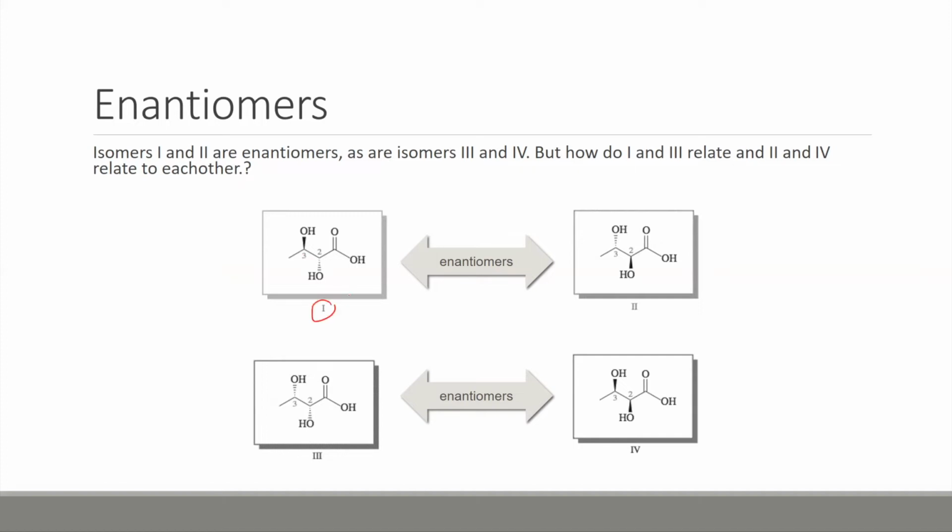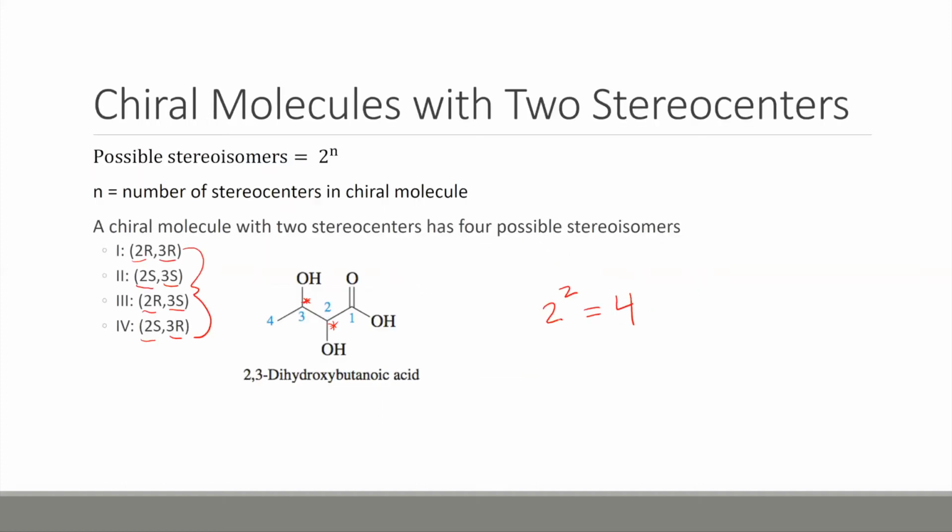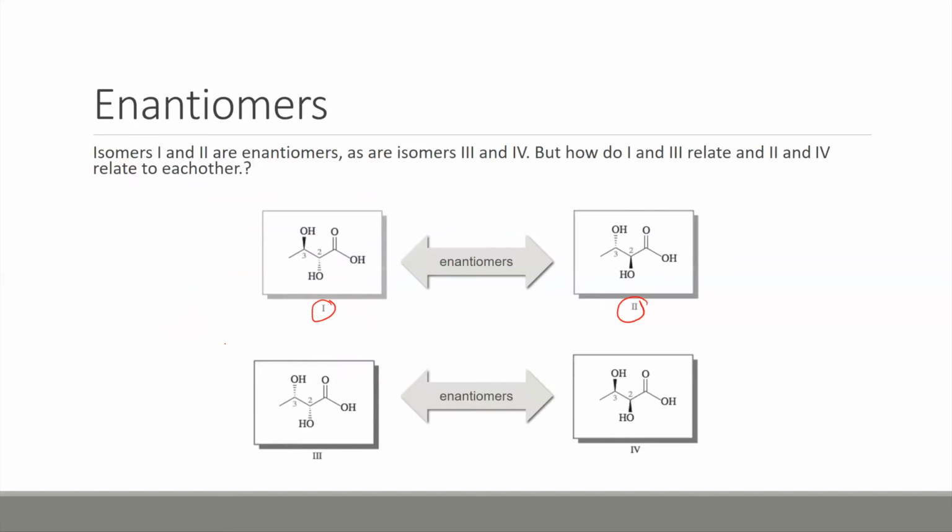That's 1 and 2. And also, the version where we have an RS and an SR are also enantiomers of each other. That's 3 and 4.